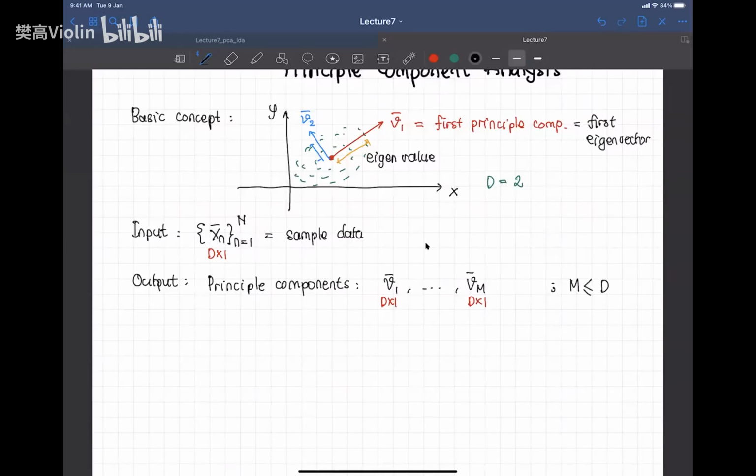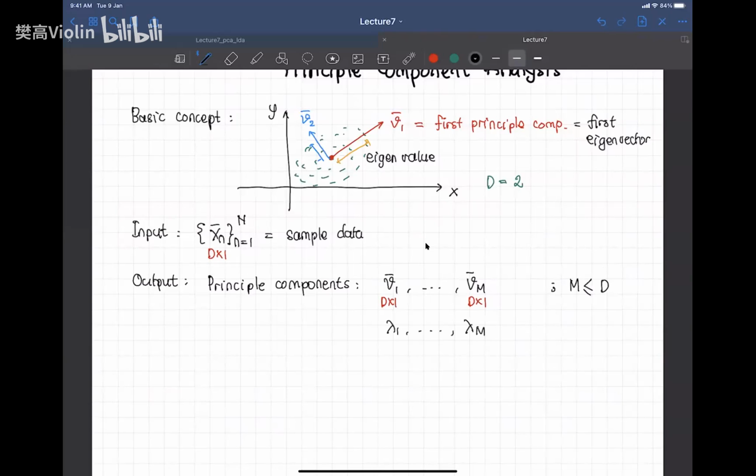Any questions so far? And aside from this principal axis, we also have the variance or the eigenvalue for each of these. Okay, so this is the input and also the output.